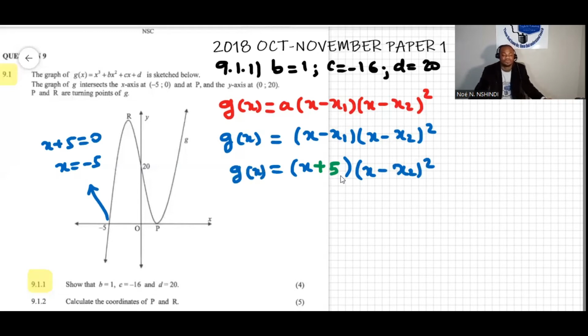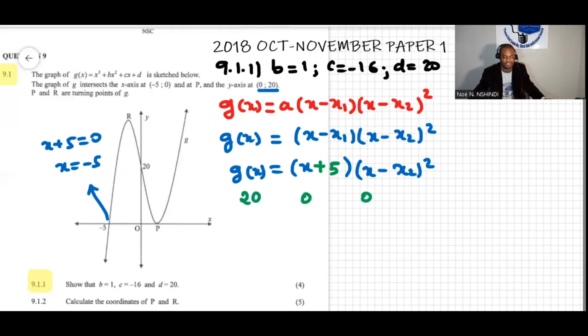All right, now we can also substitute the point 0, 20 in the equation of g of x, because it is a point on the curve g of x. So I want to sub 20 for y and then 0 for x.